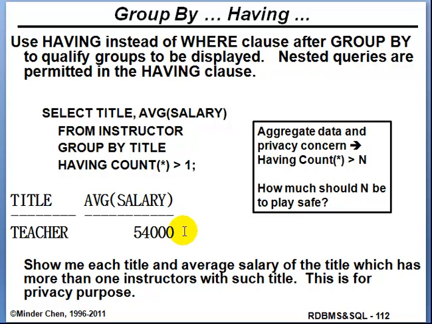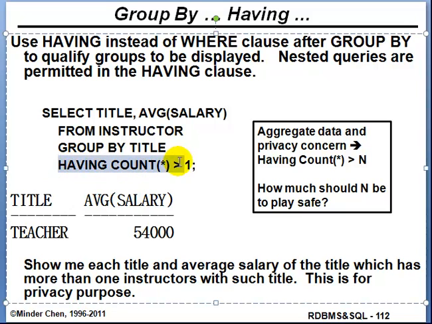But if you really think about it, if you have two teachers, this average salary will be displayed. This may not be enough to protect the privacy of the individual, because if I know my salary as a teacher and I know there's only one other teacher, then if I know the average salary, I can derive the other teacher's salary.